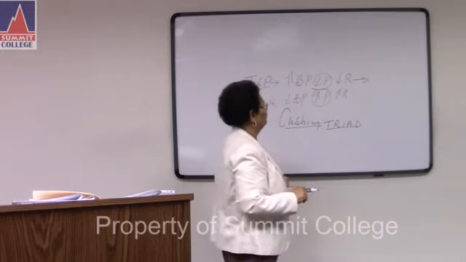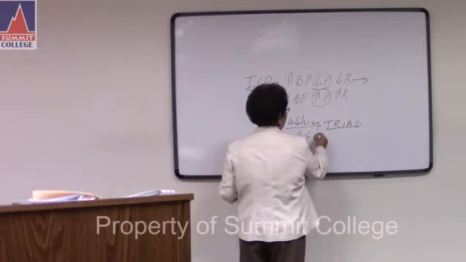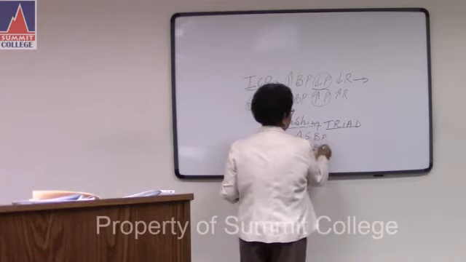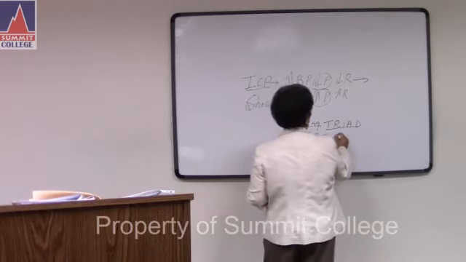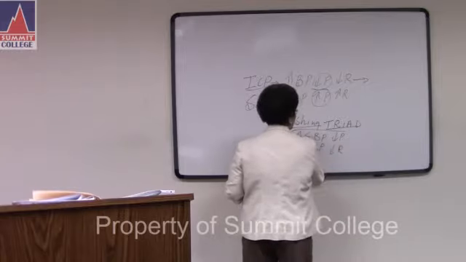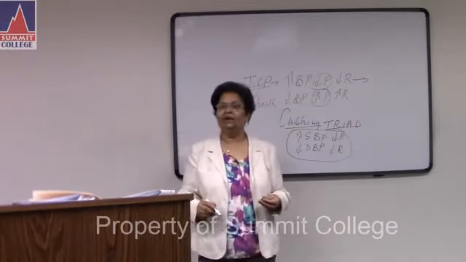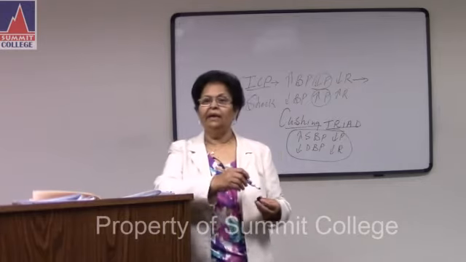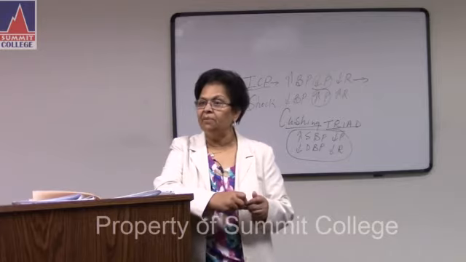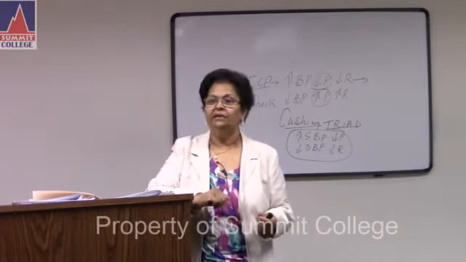What is in the Cushing triad are increasing systolic blood pressure and decreasing diastolic blood pressure, and also decreasing pulse and decreasing respiration. Same vital signs here. But I want everyone to remember one thing: not only is the blood pressure changing in ICP, but what is changing in the blood pressure is increasing systolic and decreasing diastolic.